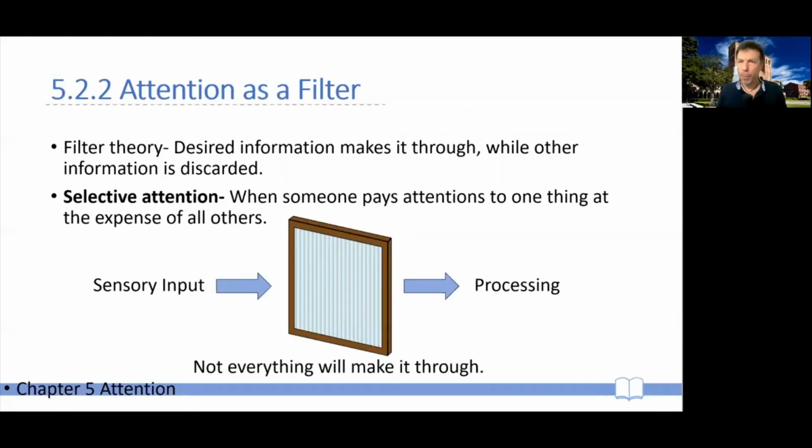And see, these kinds of observations led to the idea of attention as a bit of a filter. The idea that as all this information hits us, and in fact produces what Gibson would call proximal stimulation, it gets transduced inside our brain into electrochemical signals, and somehow there's a filter that allows for the information that we care about to make it through, and the information that we do not want to attend to to be rejected and discarded.